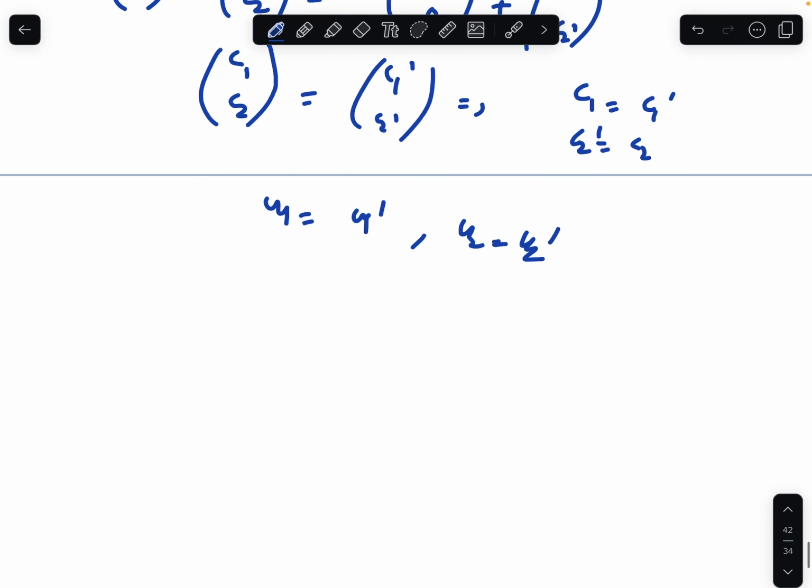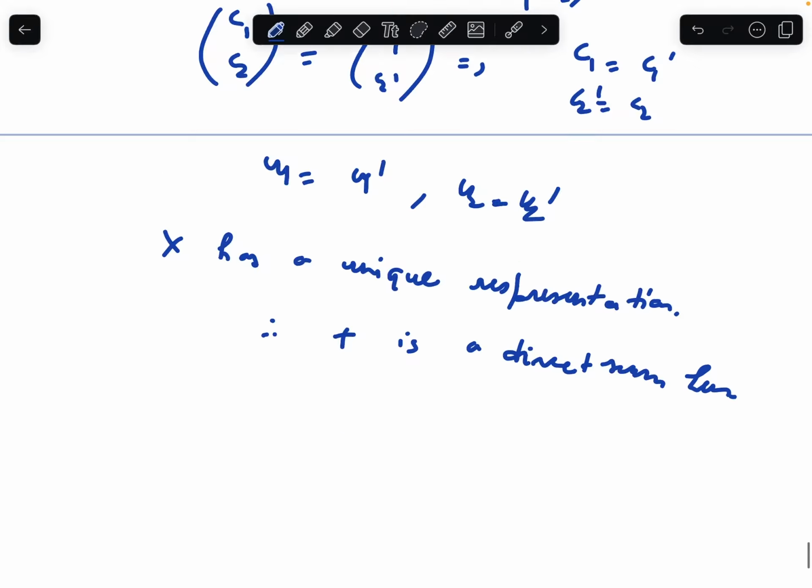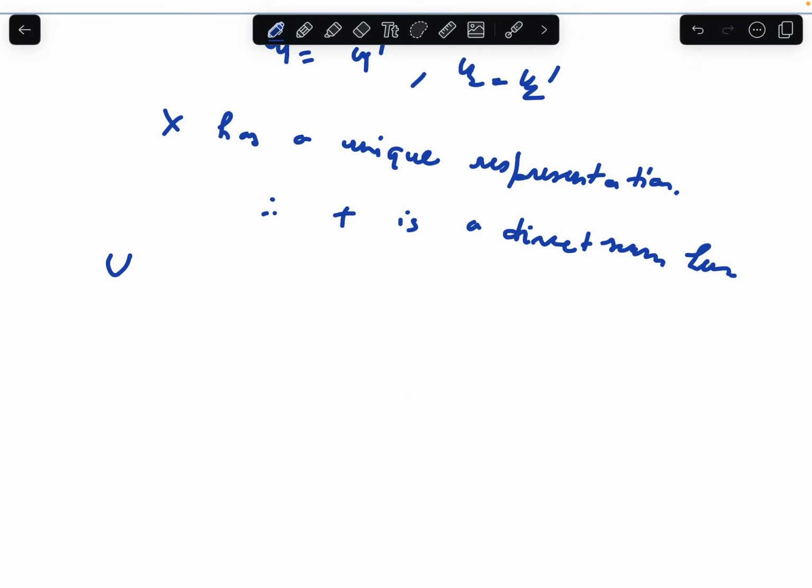So x has a unique representation, hence direct sum. This is a direct sum here. That is, we can write U1 plus U2 is equal to this. Okay.